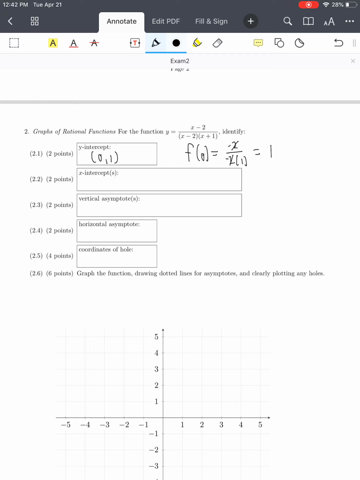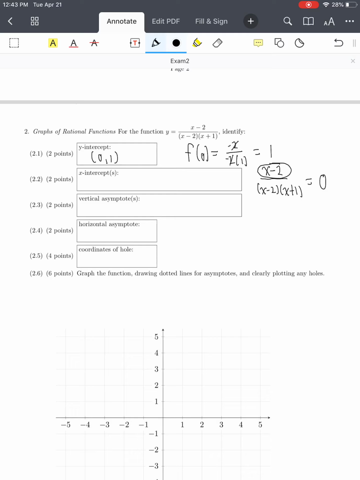The x-intercepts, we set it equal to 0 and solve. In this case, we have (x minus 2) over (x minus 2)(x plus 1) equals 0. A lot of us are going to be tempted to just look at the numerator here and say that the x-intercept is the point (2, 0).